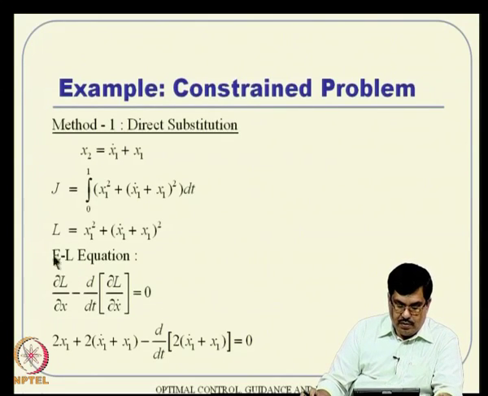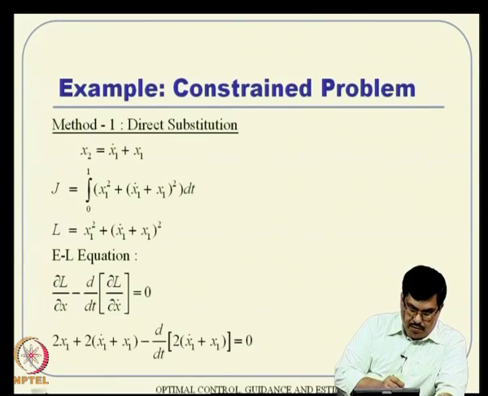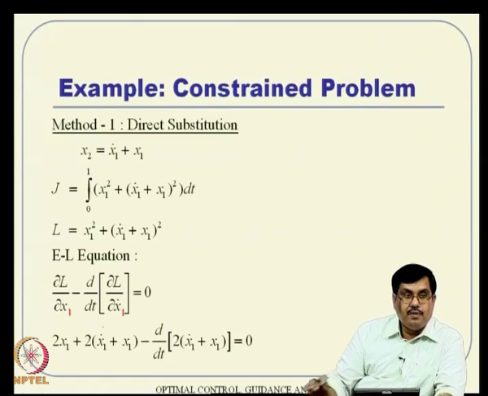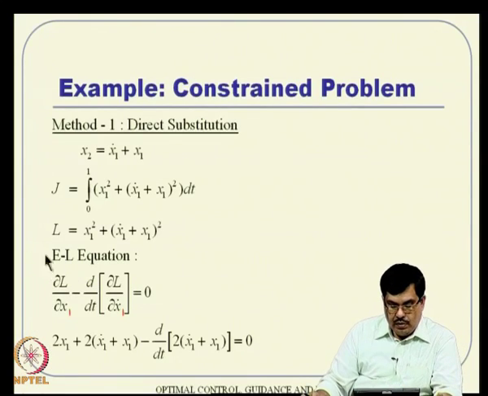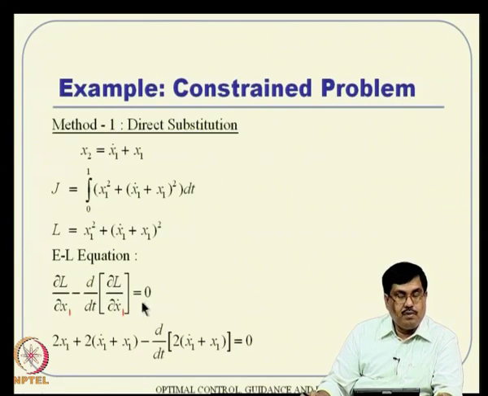So, what is the EL equation? EL equation tells us that this is true, and there is a small mistake here, this is both x1 and x1 dot here. So we put del L by del x1 minus d by dt of del L by del x1 dot equal to 0. Then del L by del x1, the L is like this.